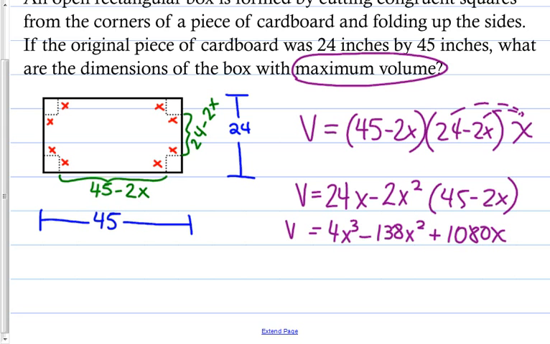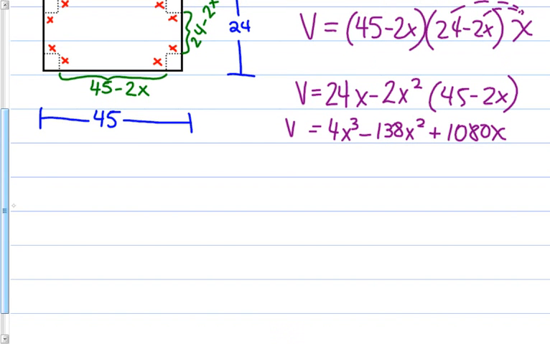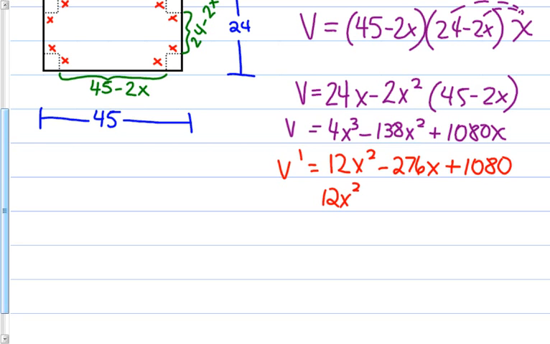All right, so derive. We must now derive our volume. So I get 12x squared, 2 times 138 is 276, and then 1080. I'm going to set this equal to 0, and I'm going to find x.